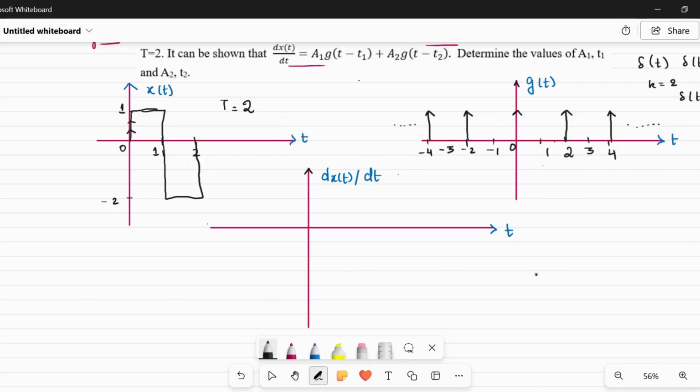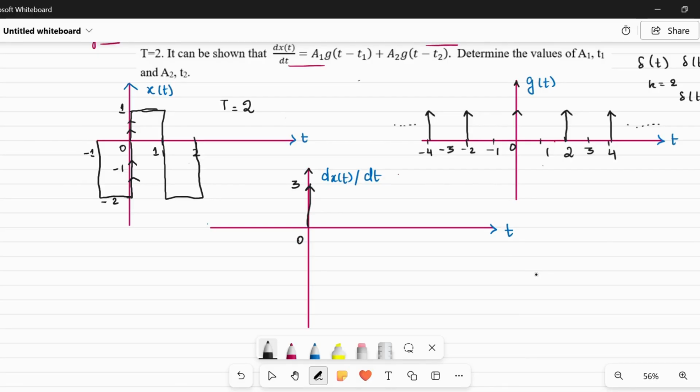If it is a periodic signal, then the signal will be like this. It has to go to minus 2. So the discontinuity will be from minus 2 to plus 1, exactly 3 units. So right at the origin, the discontinuity will be represented when we differentiate it with a strength of 3.